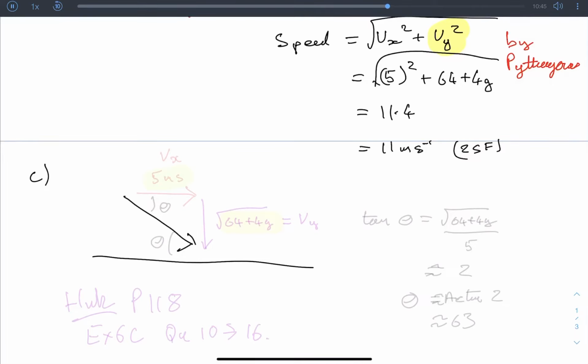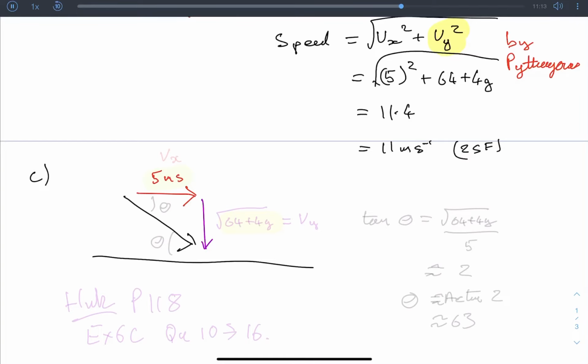So our horizontal component has remained unchanged throughout. That was 5 metres per second. And our vertical component that we've just worked out when it hits the ground, and remember, it's not 0, it's got a speed as it hits the ground, because otherwise you'd never hurt yourself when you're jumping off a wall or anything like that.